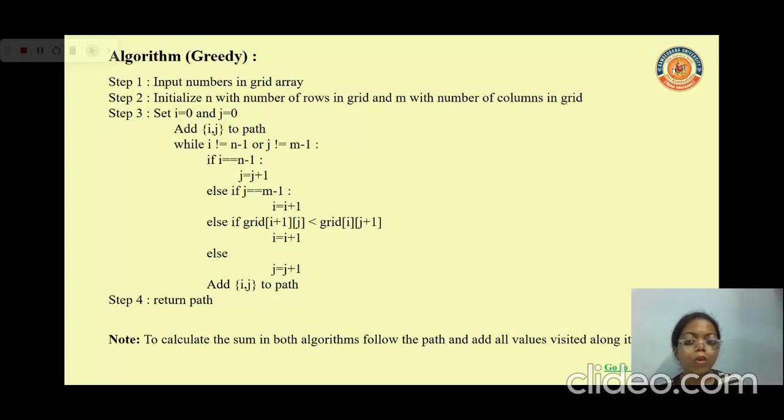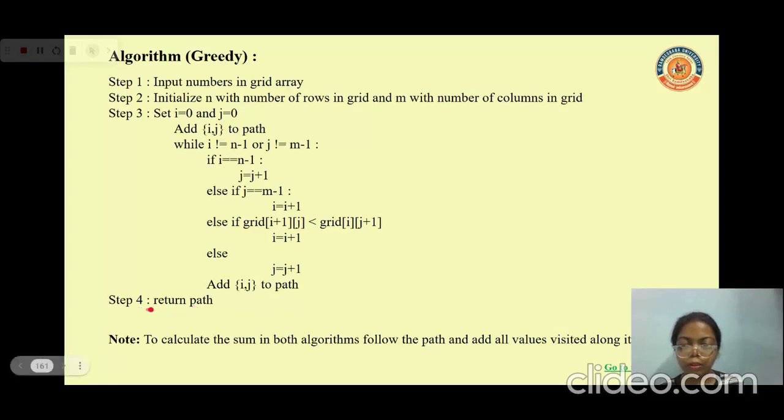Either the right value or the down value will be smaller. If the right value is smaller, we will move towards right. If the down value is smaller, we will move down. Then we will add this i comma j pair to the path, and as we are constructing it in a forward way, we will not need to reverse it.